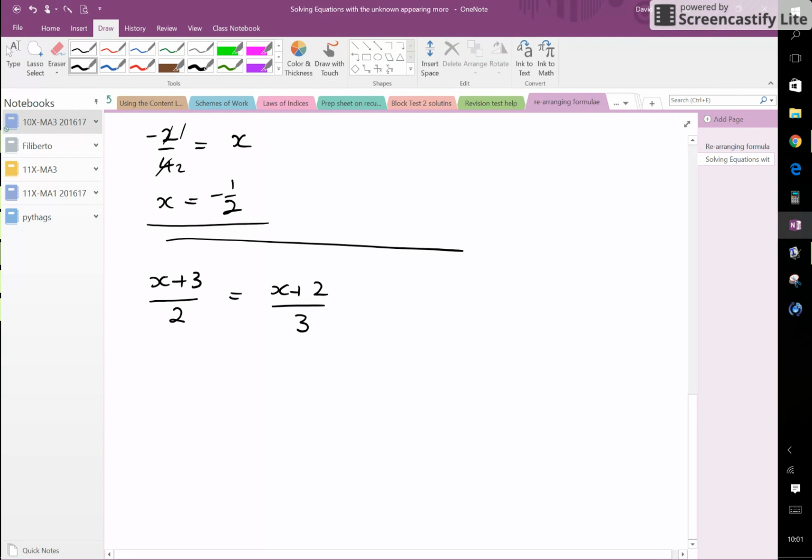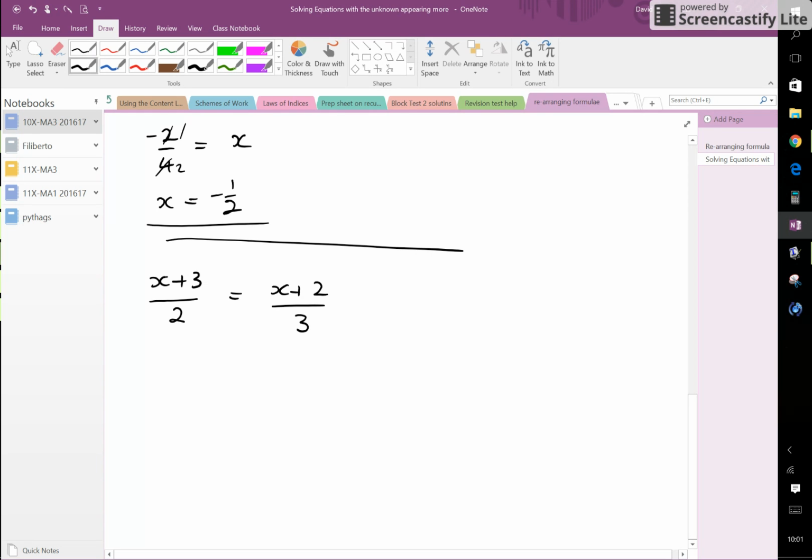Fractions cause a little difficulty, so our first step is to get rid of these fractions. We're going to multiply both sides by 2, because this is divided by 2, and also by 3, because this is divided by 3. We might as well do it in one go and multiply both sides by 6.